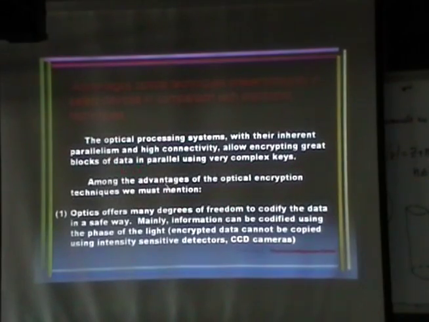Well, of course, we use the parallelism that is inherent to any optical processing system. The advantages that we will remark are the many degrees of freedom to codify the data in a safe way. In particular, the information can be codified using the phase of the light, so encryption data cannot be copied using an intensity-sensitive detector.